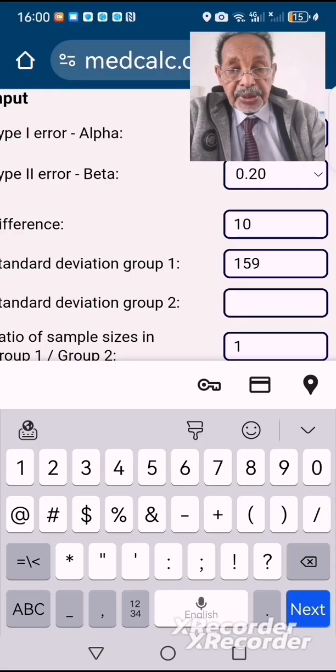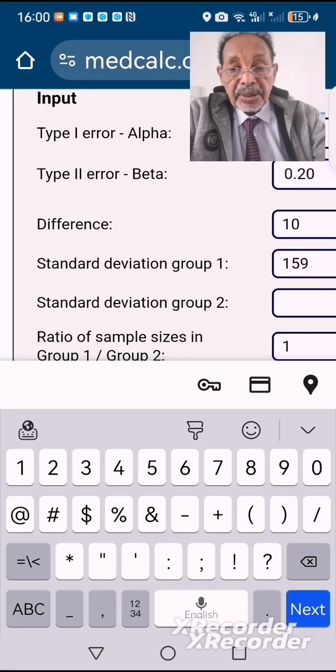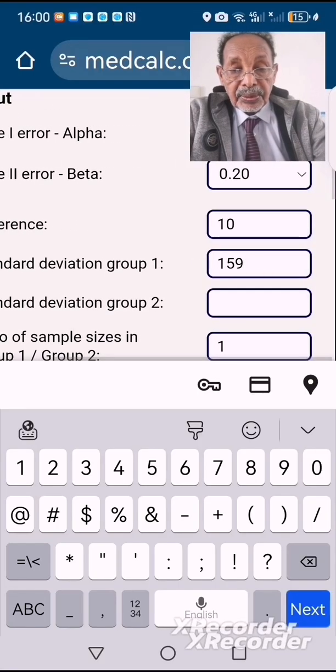And for simple appendicitis, the standard deviation for group 2 is 7.9.